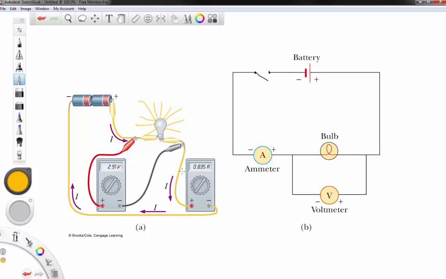And these things will have readings that are non-zero. If you open the circuit, then the light bulb will not be lit up. This will be open, and these things right here will actually read 0 volts and 0 amps. So this thing will look something like this: 0 and 0.